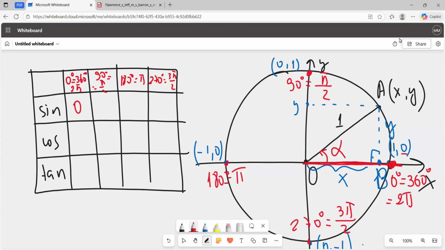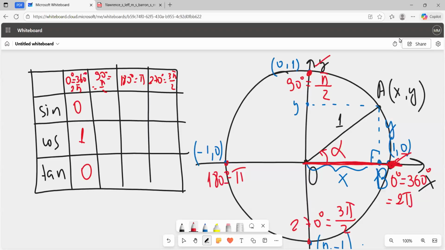Since in this point x coordinate is equal to 1, then cosine is equal to 1. Since tangent is equal to sine divided by cosine, it's equal to 0.